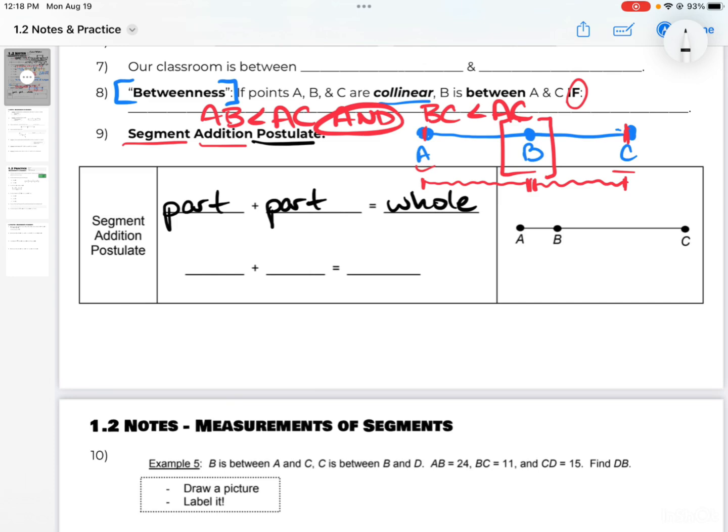And what that means in here, going back to this example, is if we took AB and added BC, all right, A to B and B to C, then we would get A to C. If we took these two segments and added those together, we get AC. Now you can see right here, is B perfectly in the middle?